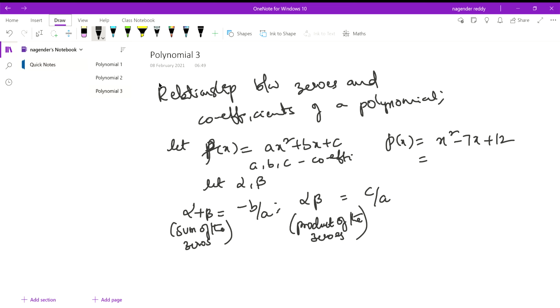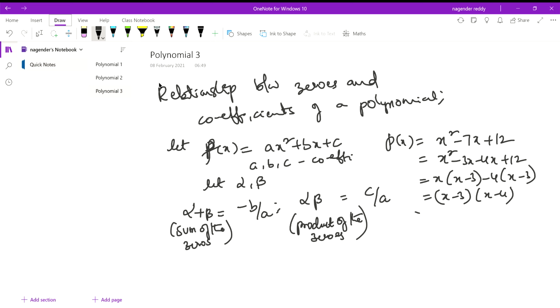X square minus 3x minus 4x plus 12, x common, then x minus 3, minus 4 common, x minus 3. Then if you take x minus 3, you will get x minus 4. So the roots are x equals 3 and 4. You can take either as alpha or beta, no problem. Let me take the smaller one, 3, as alpha and 4 as beta.